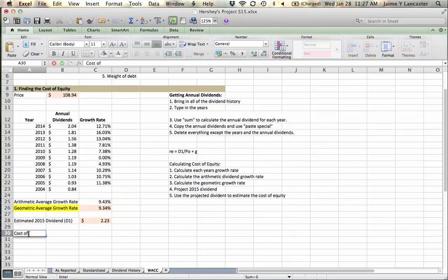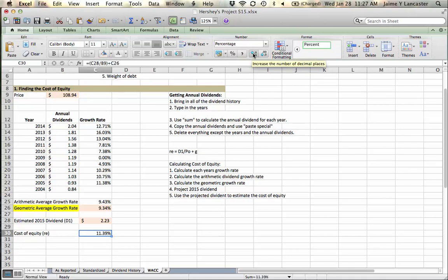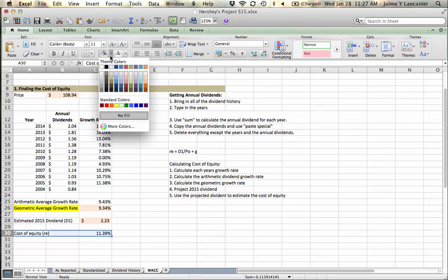So our cost of equity, RE, is going to be equal to, you need to use parentheses here, our next dividend divided by the price that we would pay, that's some percentage return, right? Plus our growth rate. So we would say that Hershey's shareholders are estimating that they're going to have a return of about 11.39%.